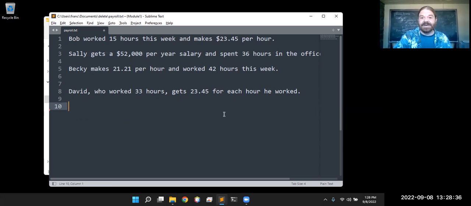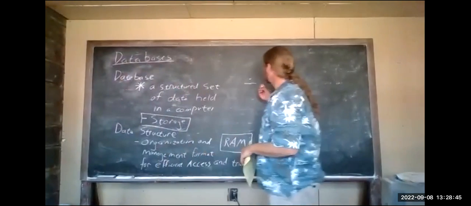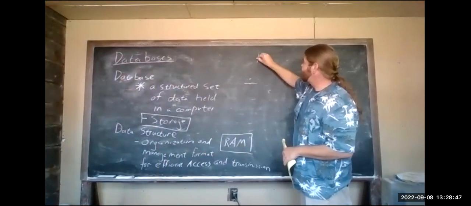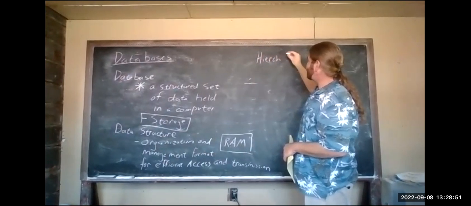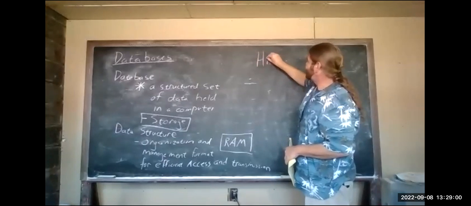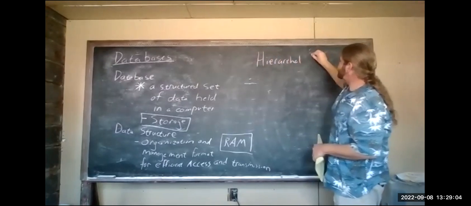Technically, it fits the definition of database, but not what we would call a database. And yeah, it's what's called a hierarchical database. Still spelled that wrong. Let's try spelling the word correctly. Hierarchical database.